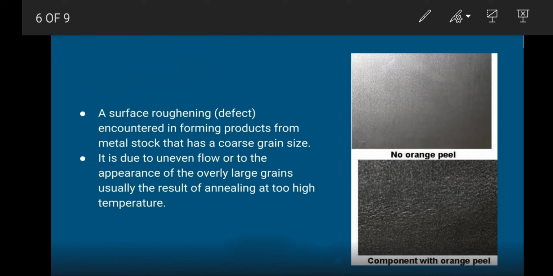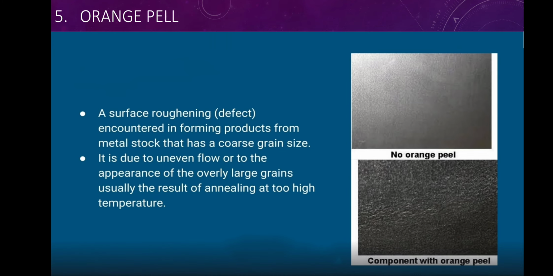You can see the rough surface in the second diagram, that is the orange peel. It is due to uneven flow or the appearance of overly large grains, usually the result of annealing at a high temperature.